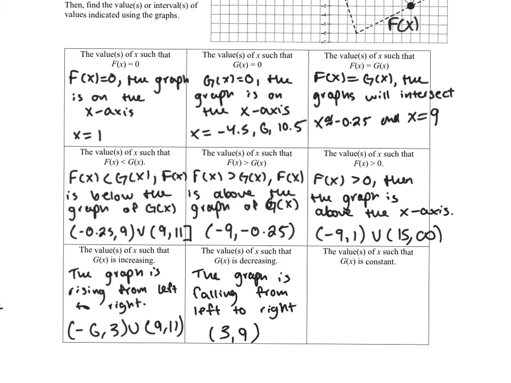And if g of x is constant, the graph is horizontal, okay? And that actually does happen at an interval negative 11 to negative 6, or you could say x is bounded between negative 11 and negative 6, okay?